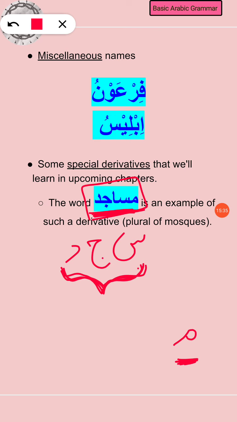So we have this with a zabar on it, then we have a dash, then we have an alif, and then we have this with zir, dash with zir, and then again dash with pesh.